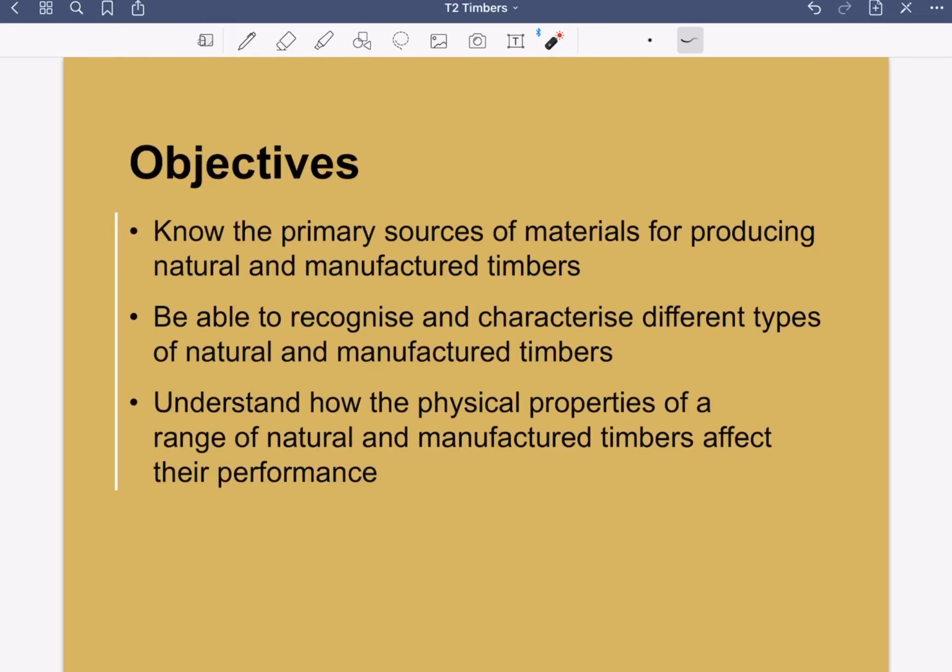We're going to be able to recognise the characteristics of different types of natural and manufactured timbers and understand how the physical properties of a range of natural timbers and manufactured timbers affect their performance. Because obviously we choose particular materials, not just woods, plastics and metals and papers and cards, as we went through last time, for their properties and what kind of things they give to us.